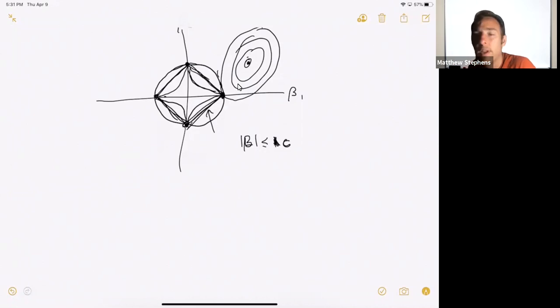It's got the corners, but it's convex. And that's one reason it's been so widely studied: it produces sparse solutions, but also does so by solving a convex optimization problem that's super easy to solve. Okay.